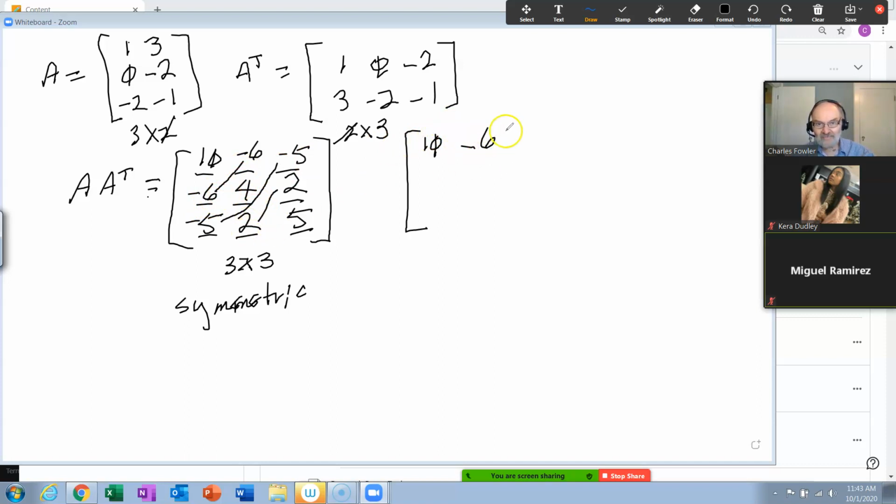Come down here, you have a minus 5. Transpose next would be this column, a minus 6, 4, 2, and then the third row would be the third column of this one, minus 5, 2, 5. And that's exactly equal. This is A.